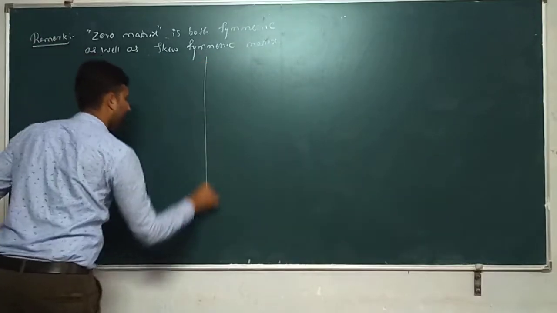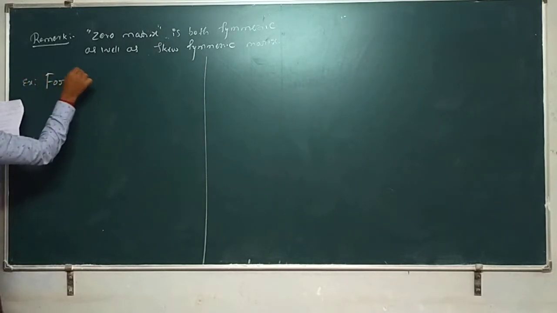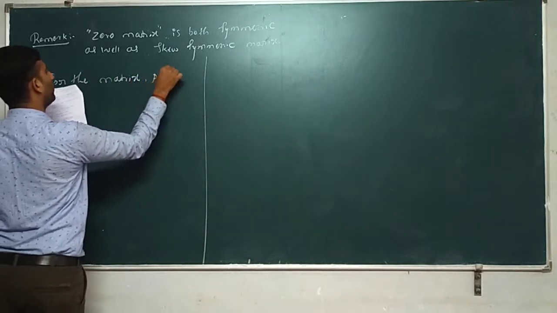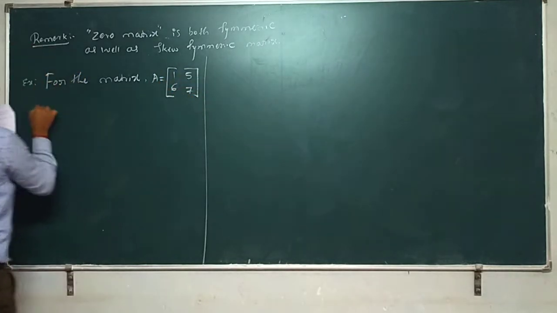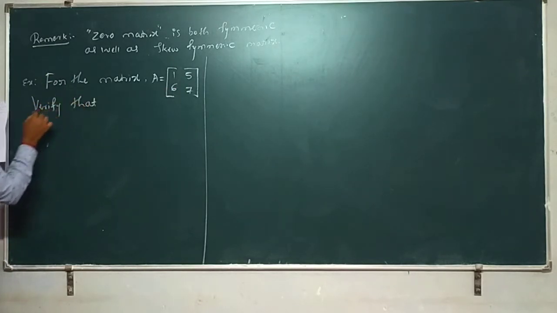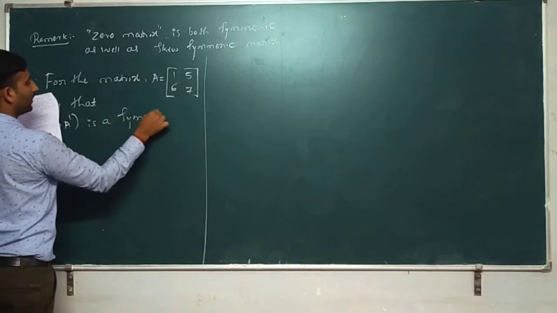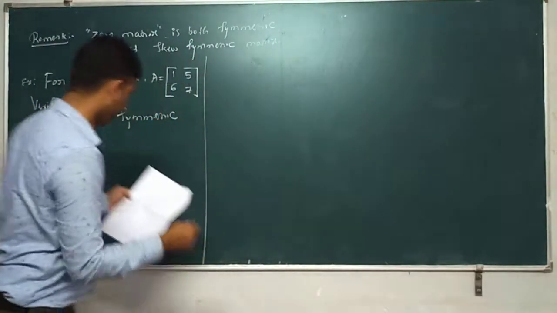Next examples. For the matrix A is equal to [1 5; 6 7], verify that first one, A plus A dash is a symmetric matrix.